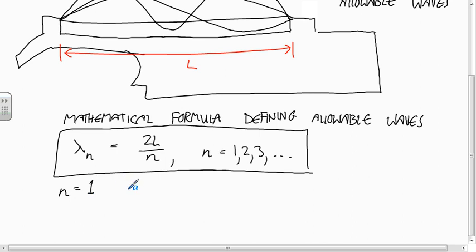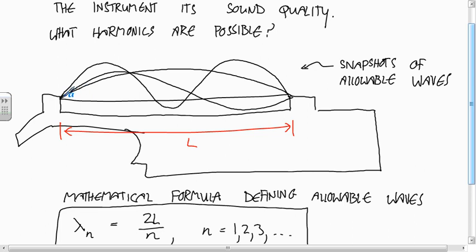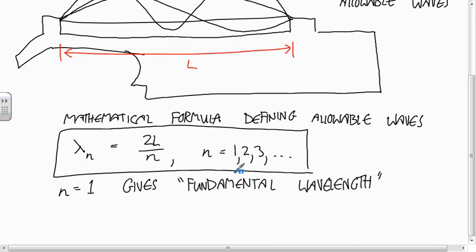The value of n equals 1 gives what's called the fundamental wavelength. So this single arch from here to here is the wavelength that represents the fundamental, and that's the one that's going to correspond to the fundamental frequency.